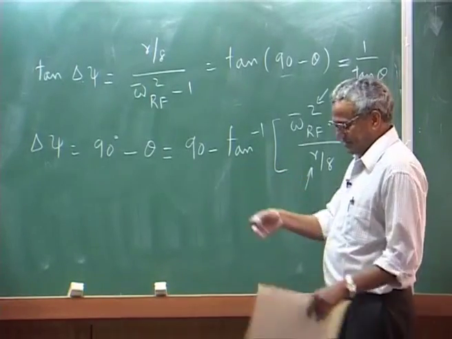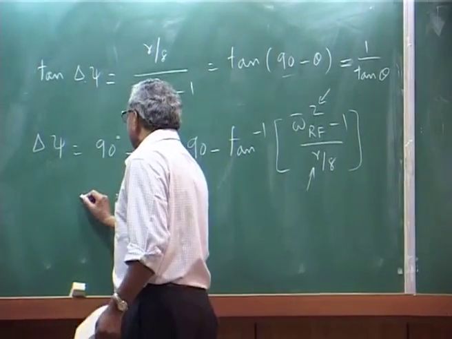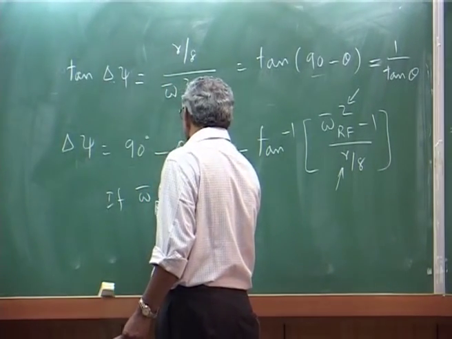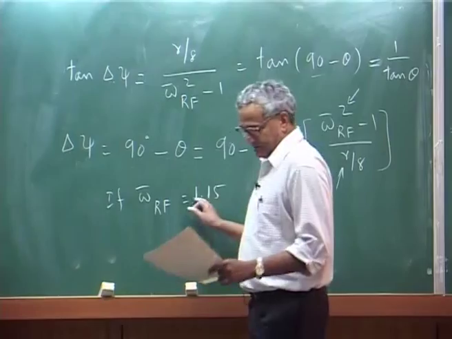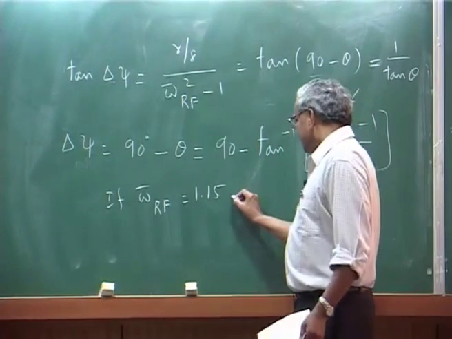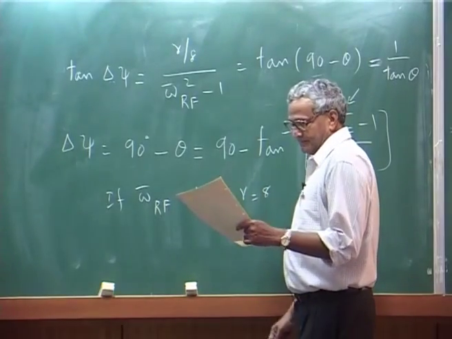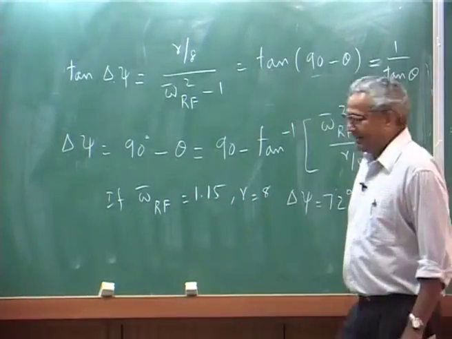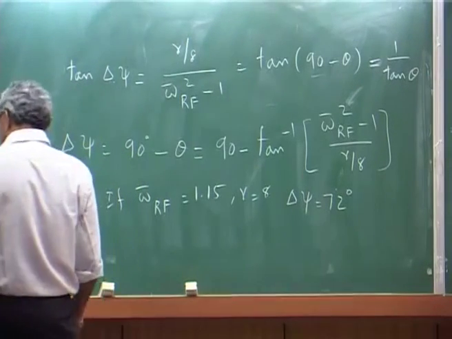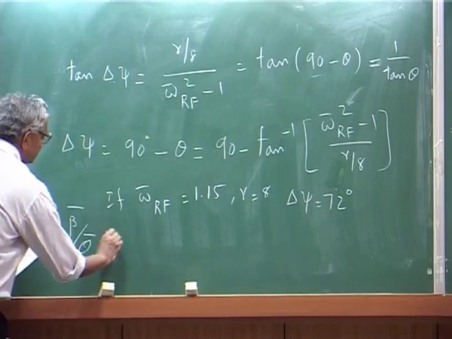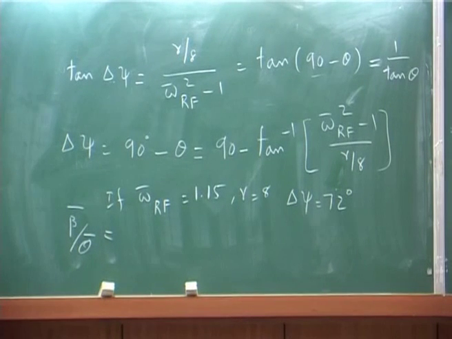Now, just for some number, if omega bar RF is 1.15, okay, and gamma is 8, then delta psi will be 72 degrees, and your beta bar by theta bar, that is the magnitude of the input to the tilt.